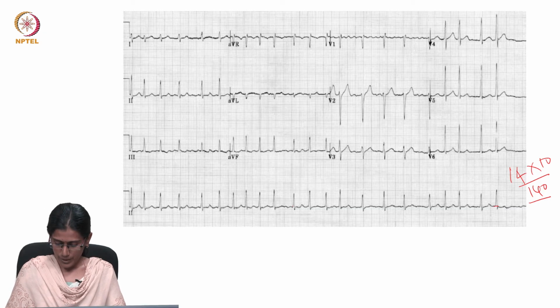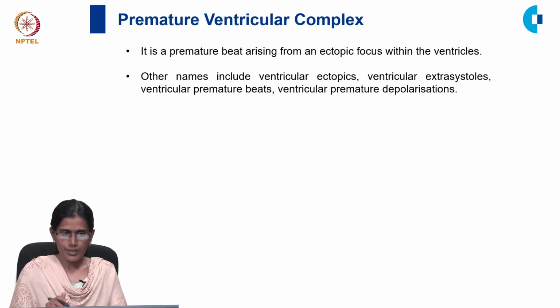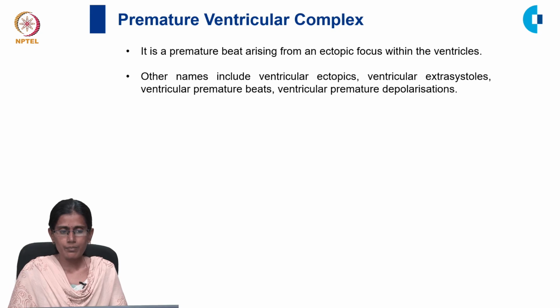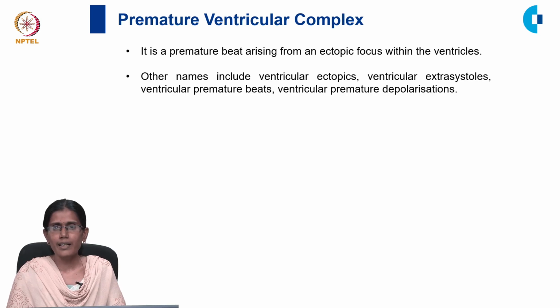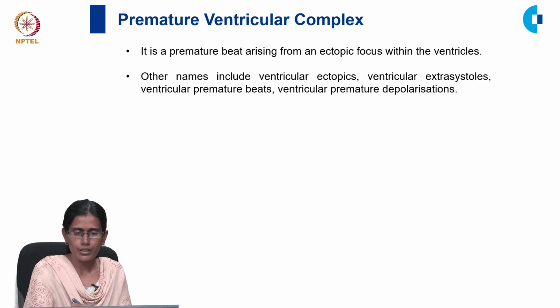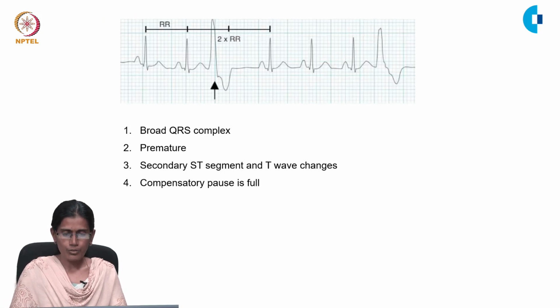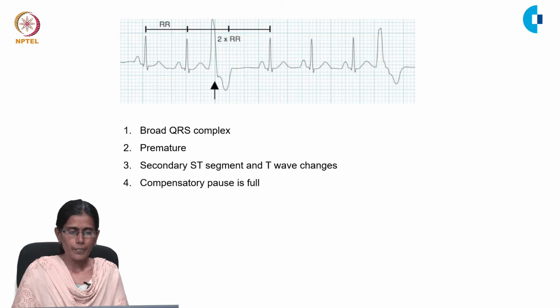tachyarrhythmias. Next, we are going to discuss premature ventricular complex. It is self-explaining. There is a premature beat starting from the ventricle and activating both the ventricles. We usually call it ventricular ectopics. How are we going to find out the ventricular ectopics?